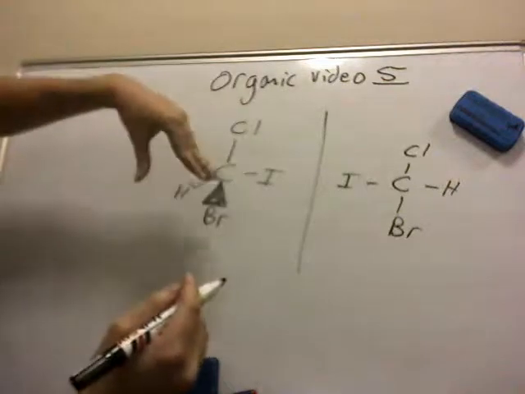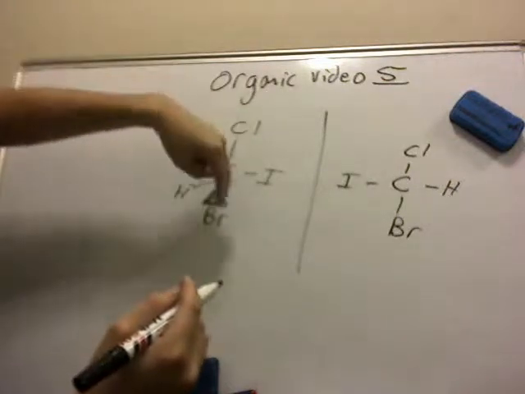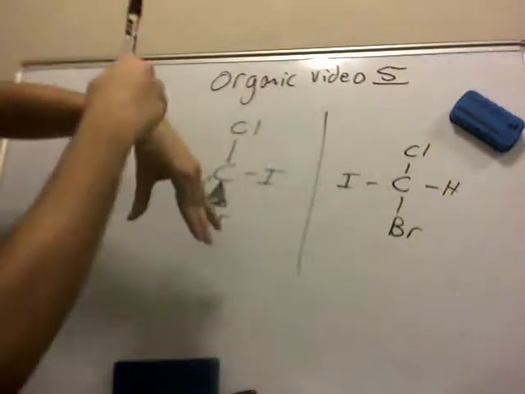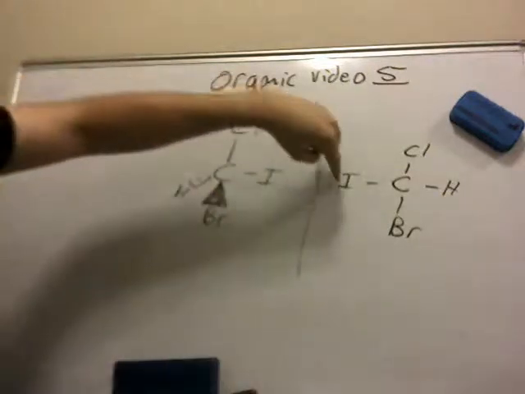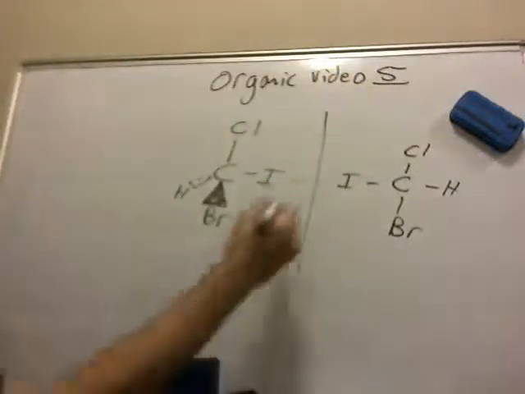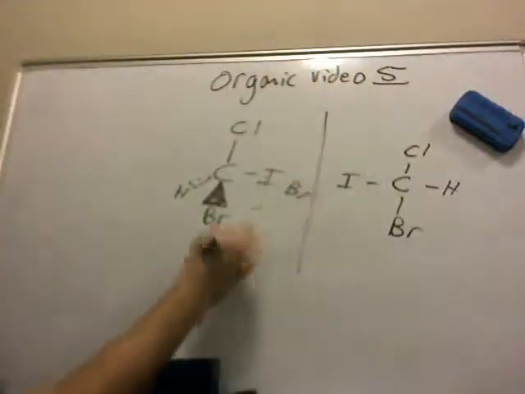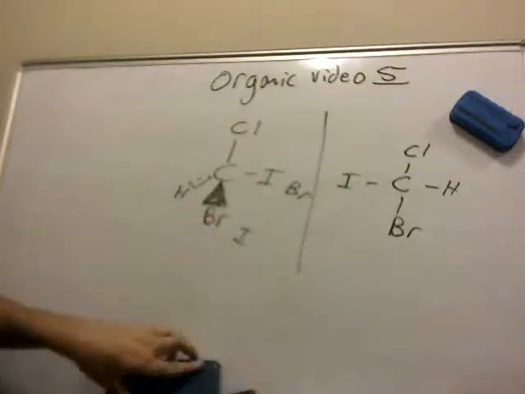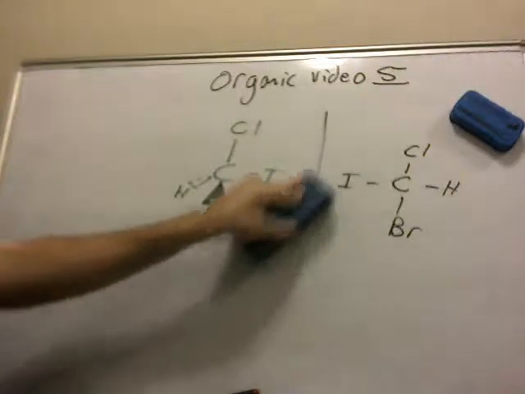So we have a 3-dimensional shape. If you look at the iodine, the bromine, and the hydrogen, they're kind of like this, and the chlorine is coming off on top. So if I take this image and rotate it here, the bromine is going to be here, and the iodine is going to be here. So it's not superimposable.